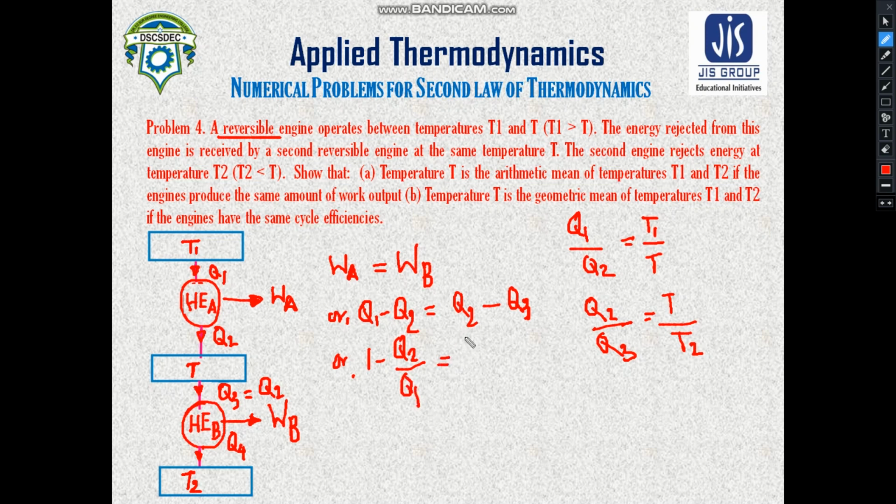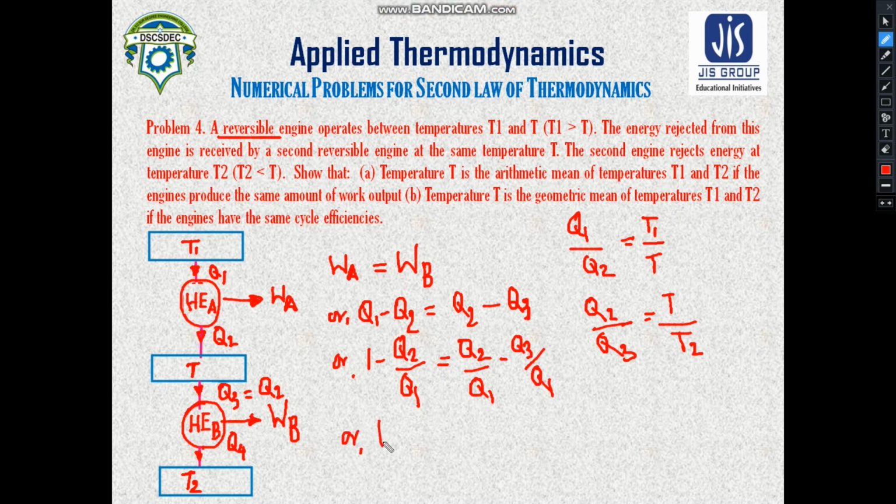When I am dividing this equation by Q1, it will give us this value Q2 by Q1. Let me just check if this is the right way or not. So it will be Q3 by Q1.